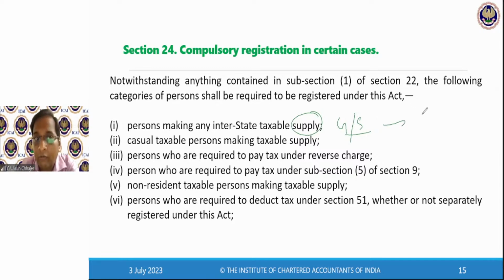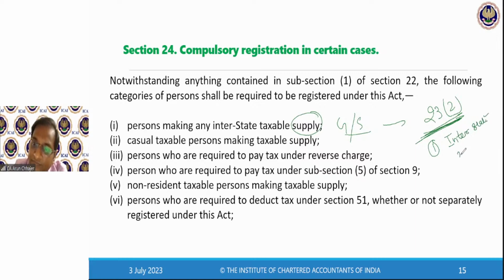But what I told you, that section 24 has to be read along with the notification issued in 23(2). क्यों सर ऐसा मैं क्यों बोल रहा हूं? Because there are multiple notifications. One notification says if you are making interstate supply of services, then the limit would be 20.